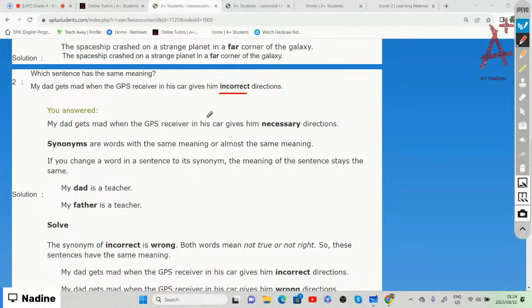Another word for incorrect we can say is wrong, because incorrect means that it is not right. And if something is not right, it is wrong, right? Which means that both wrong and incorrect mean that it is not true. So we can say it gives wrong directions.